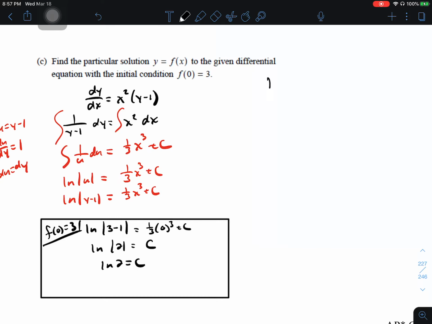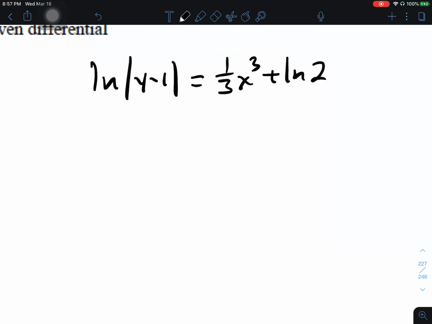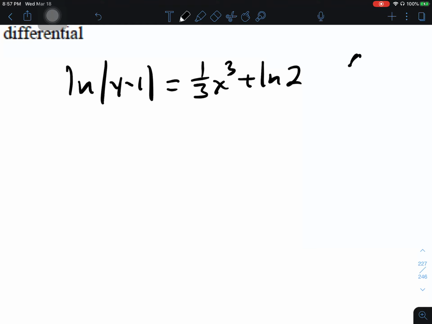If we put this together with the equation that we have, we want to solve this for y. This is currently in log form. To change to exponential form, we take the base, which is e, raised to the exponent equals the argument.